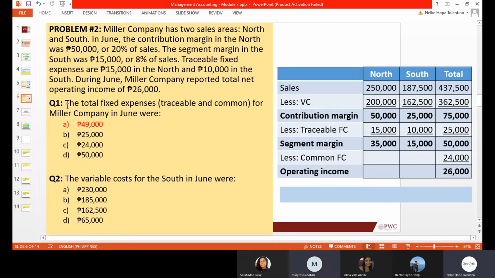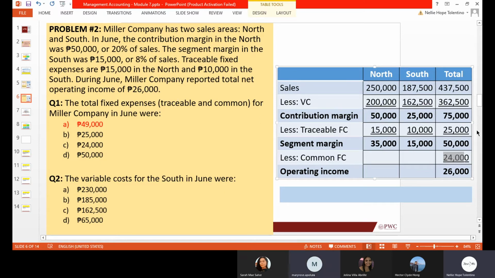the problems, sa questions. So, question number 1, the total fixed expenses, traceable and common, the total fixed expenses for Miller Company in June is actually 49. Kasi, hindi lang ito at hindi lang din yan. Yung dalawa, the total traceable and common.